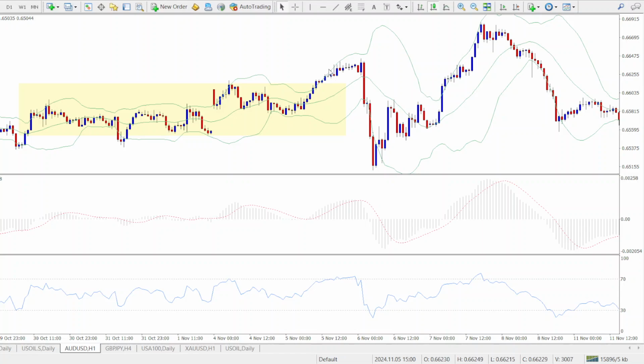This was still a period of low volatility, but then we finally had a breakout from it around here.